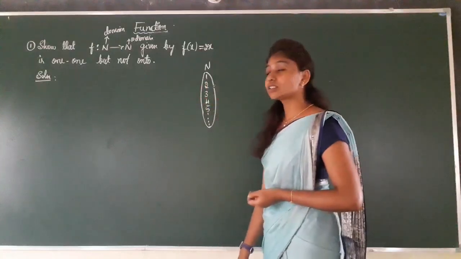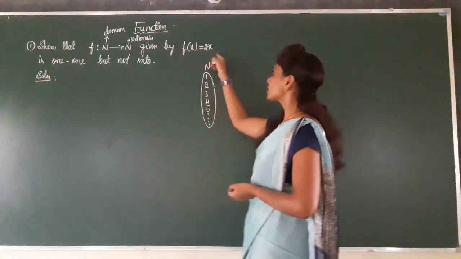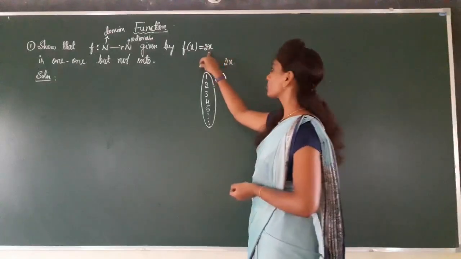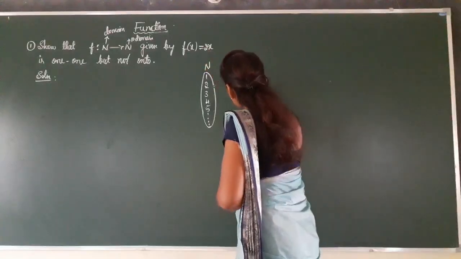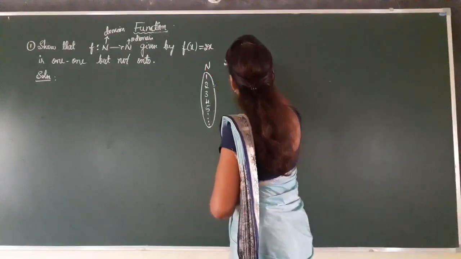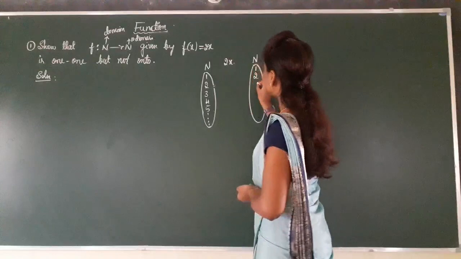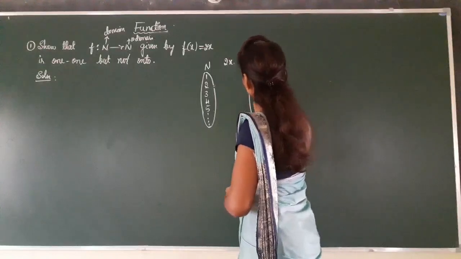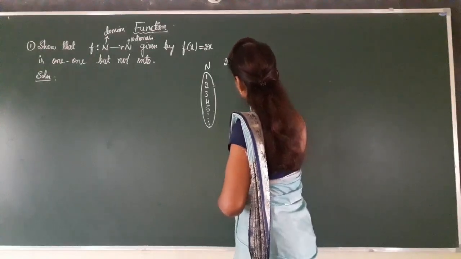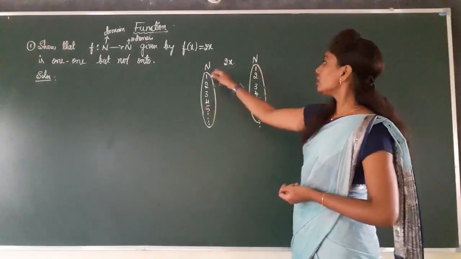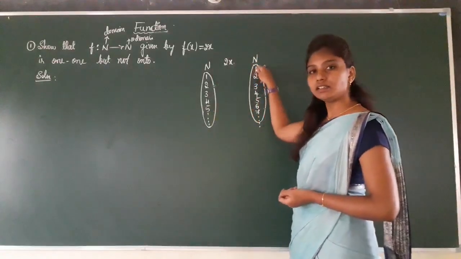The function is f of x is equal to 2x. And the other set is also the set of all natural numbers: 1, 2, 3, 4, 5, 6, 7 and so on.